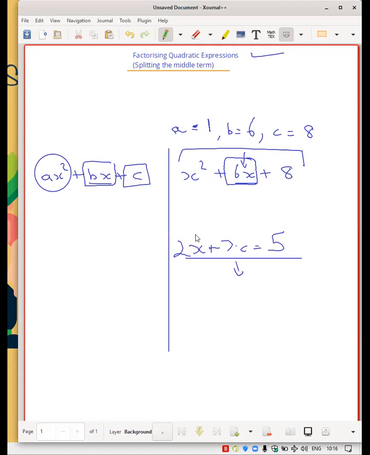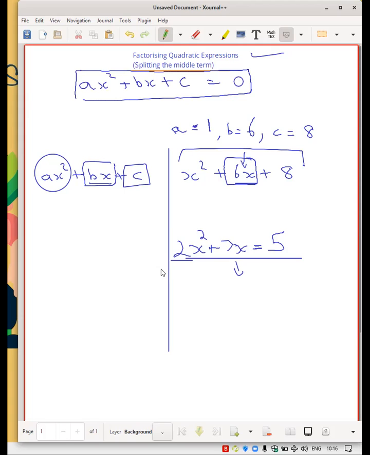Is this a quadratic expression or is this a quadratic equation? I want the format ax squared plus bx plus c is equal to 0. This is a quadratic equation. This is a quadratic expression. I want to convert this to a quadratic equation. How would I do that?